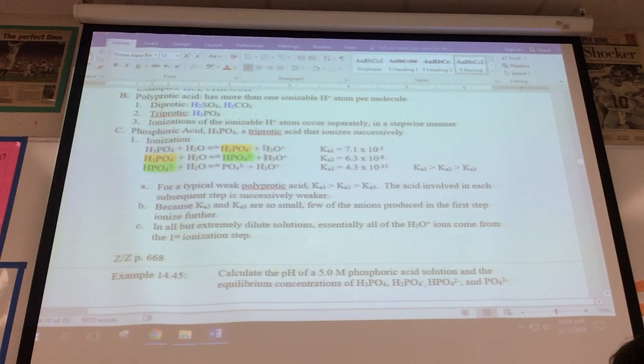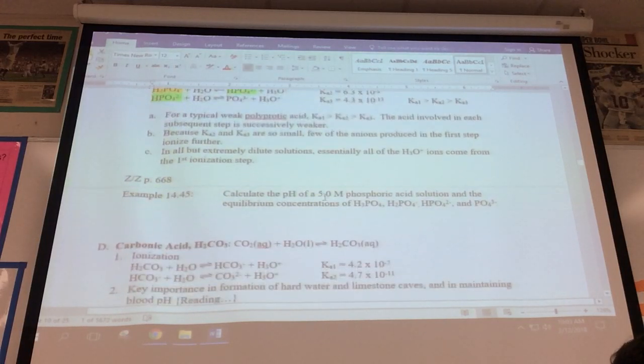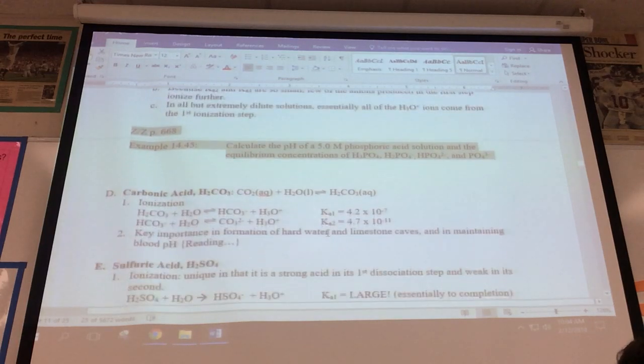But if you're going to calculate pH, you really can do it off the first ionization, so the first Ka. In regard to the calculation, I don't really think you're going to see much of this anymore. I think we'll just skip it. In regard to triprotic or diprotic, you might see it in the form of a titration curve, and we'll come back and look at that when we talk about it.